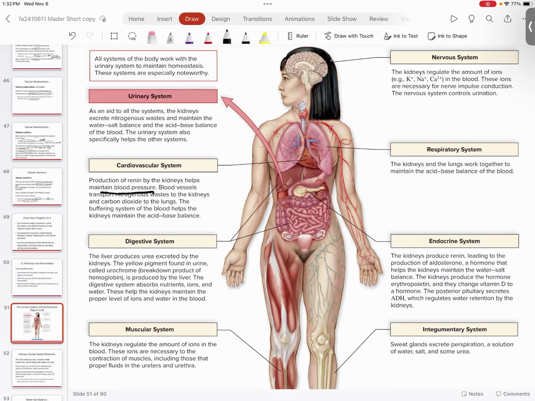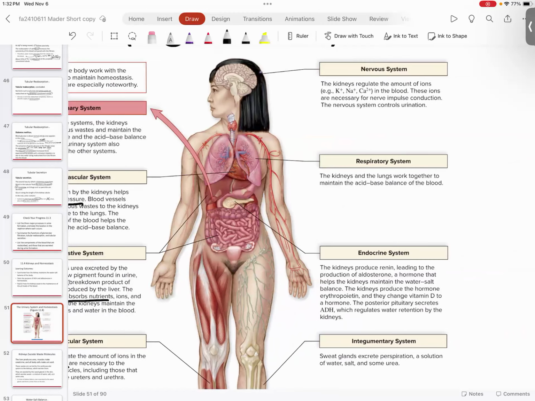For the digestive system, absorption of ions, for instance calcium, is happening in the digestive system. For the muscular system, you need ions in order to contract your muscles. Sodium, for instance, is the basis of your action potential. It's the way your nerves send impulses that go to the muscular system for contraction.